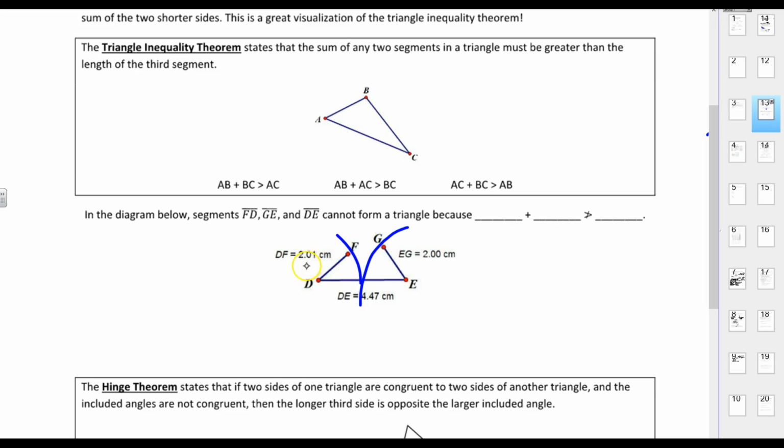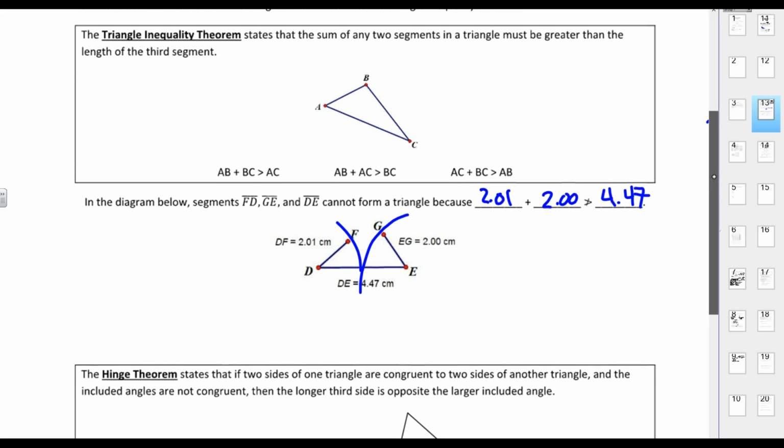Well, that's because if DF is 2.01 and EG is 2.00, adding those together is less than 4.47. Because this isn't a greater than relationship, we cannot form a triangle. So that's basically the triangle inequality theorem.